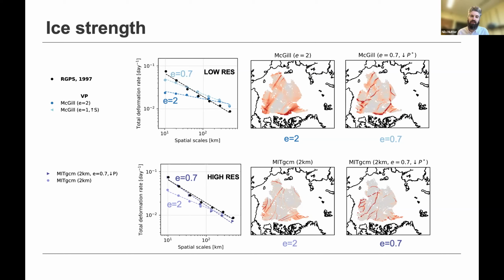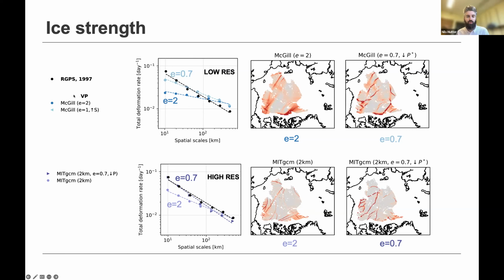And what you can see for this spatial scaling is that when we look at the standard ellipse ratio of 2, we find that there is a difference in the slope. But if we reduce this ellipse ratio to lower values, we actually find a steepening in the spatial scaling, meaning that we have more localized deformation fields and thereby represent this characteristic of sea ice deformation.